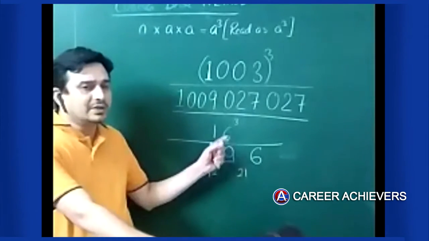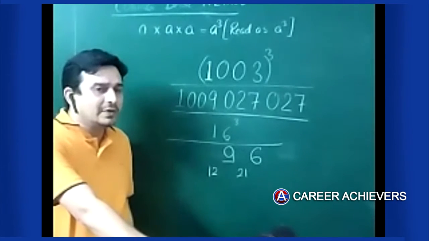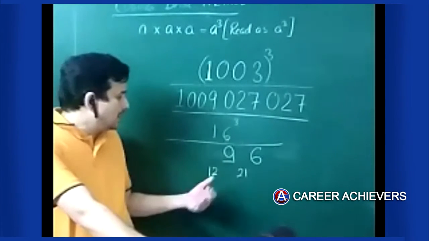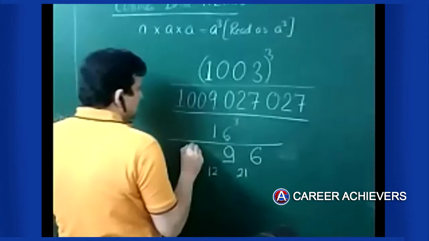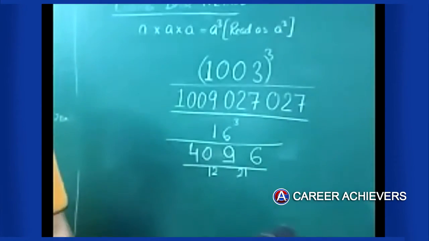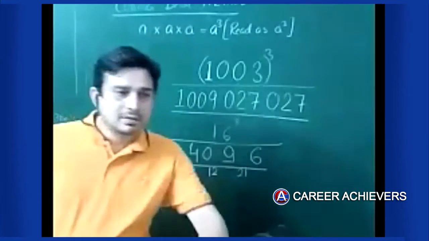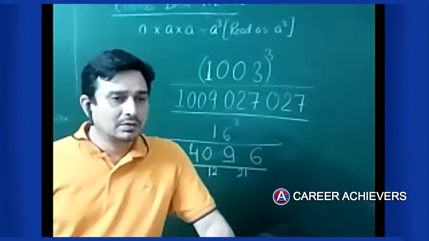So number is 16 plus 2d is 12. 16 plus 12 is 28. 28 plus 12 is 40. So the answer is 4096.